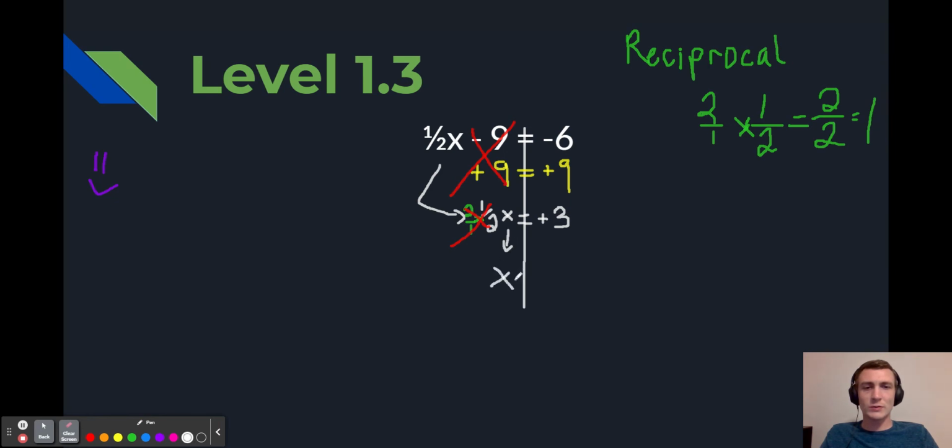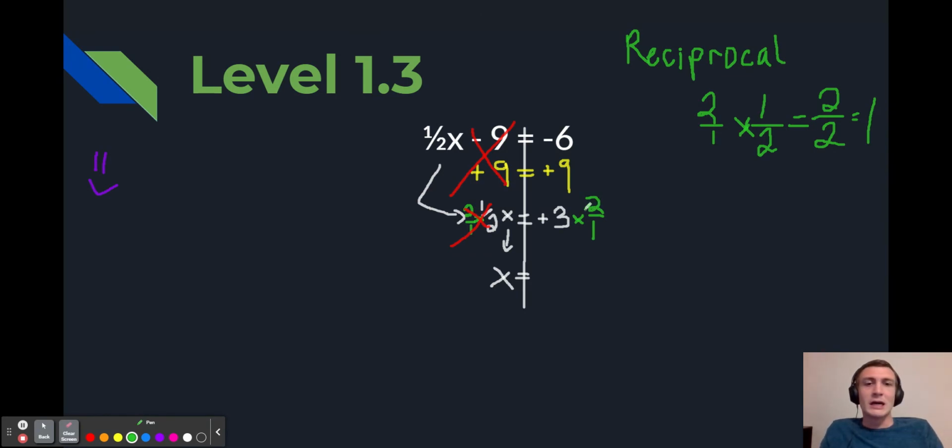Get x equals 3. No, why isn't it 3? Because we have to multiply by 2 over 1 on both sides. And you might be thinking, oh, that's not fun. But it's not that bad. First off, you could just change this to 2 because it's 3 times 2. 2 over 1 is 2.